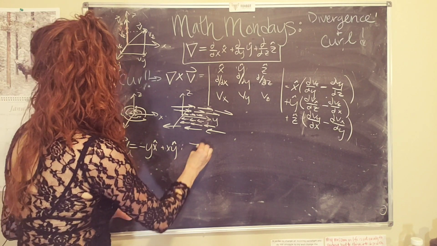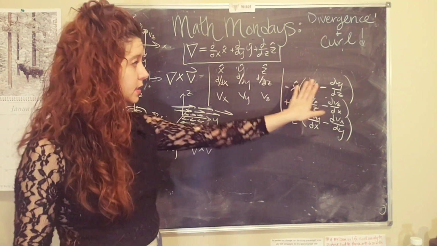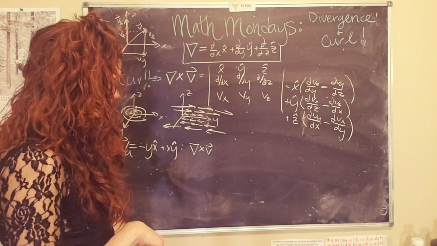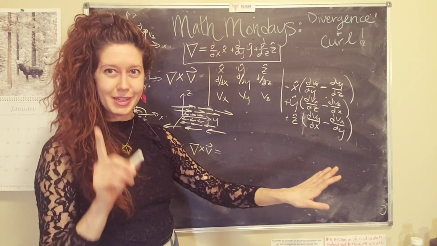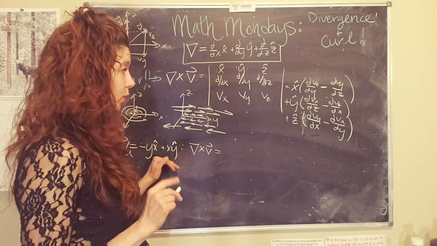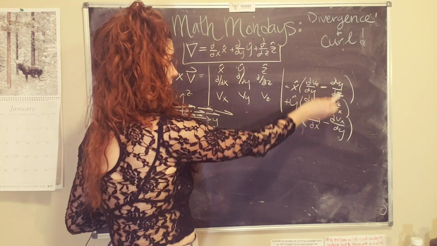So now we're going to calculate the cross product, but we're not going to do all this because we already have our equation here. We like to be lazy. There are no components in the z direction, so all of the v_z's go to 0.